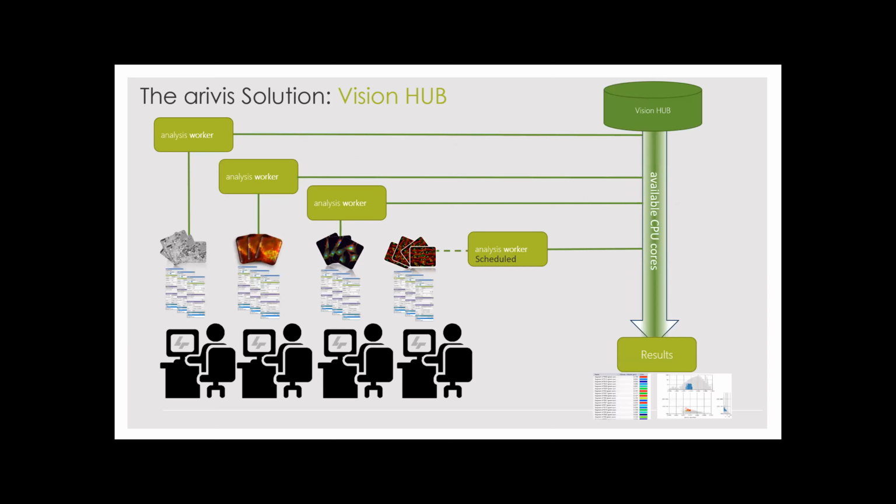So how does the Vision Hub work? It allows multiple users to be working in Vision 4D, building pipelines for their analyses with their images, vetting them, getting them ready, and once they're ready, they can send these analysis jobs to the Vision Hub. And what the Vision Hub is going to do is it's going to take these jobs as they come in and allow them to use available computational capacity that's registered to the Vision Hub. And it's going to do this in a scheduling manner.